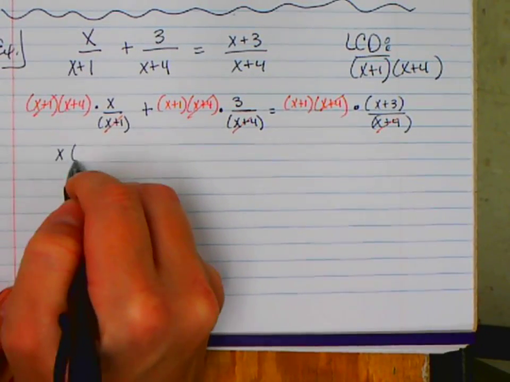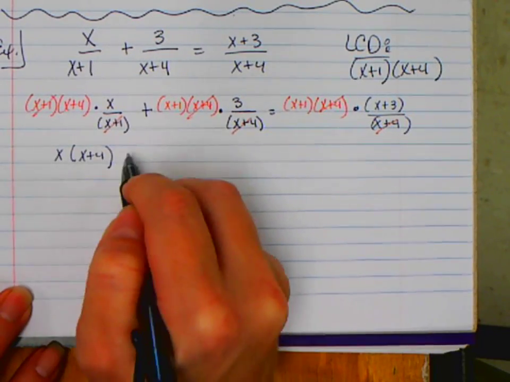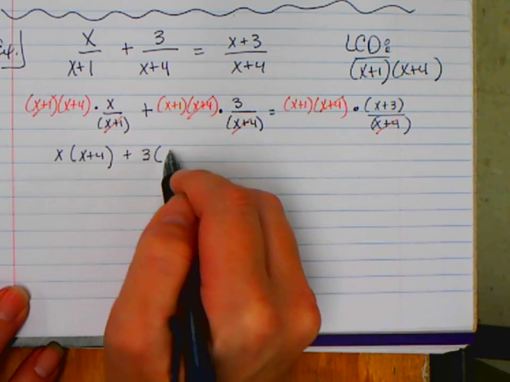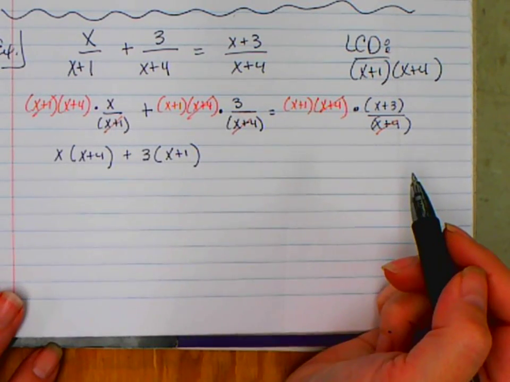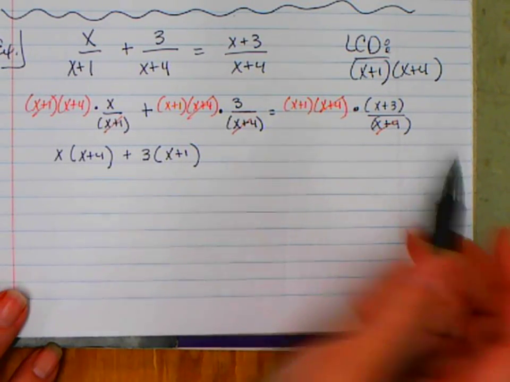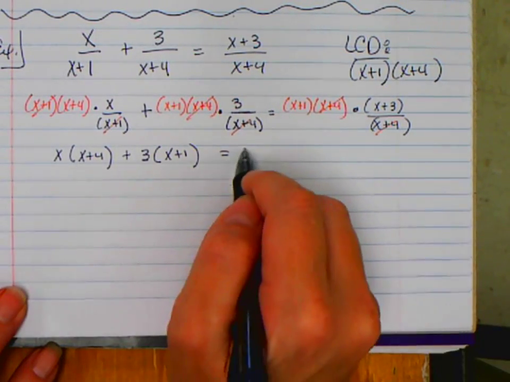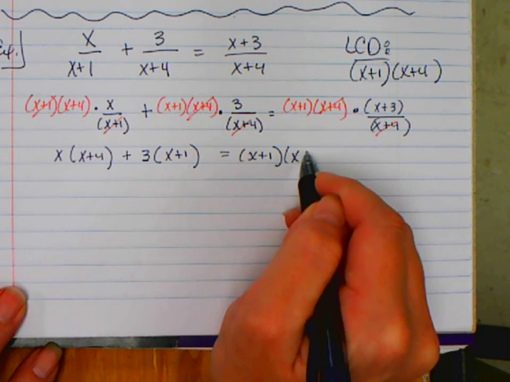We have x times x plus 4, plus, again, I like to put my monomial first, 3 times x plus 1, equals x plus 1 times x plus 3.